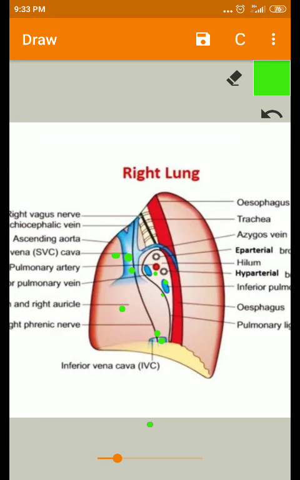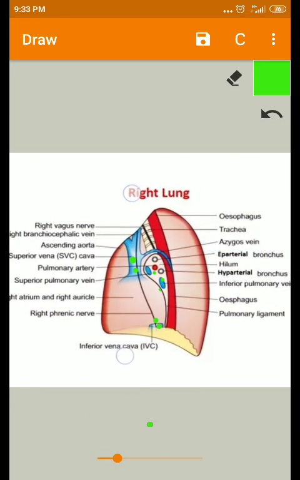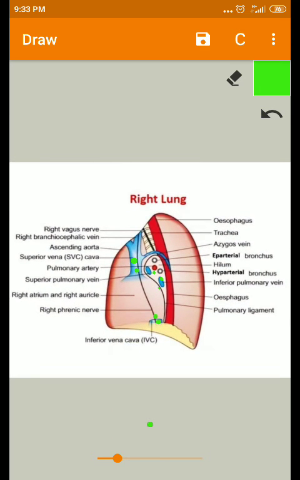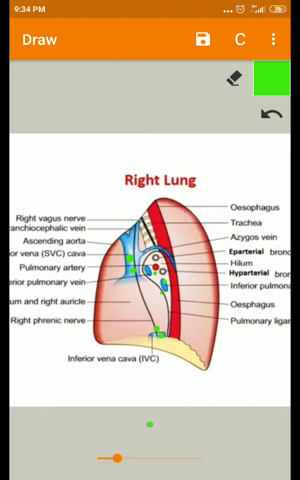This present on the anterior aspect, and it is also related to a small part of the right ventricle.